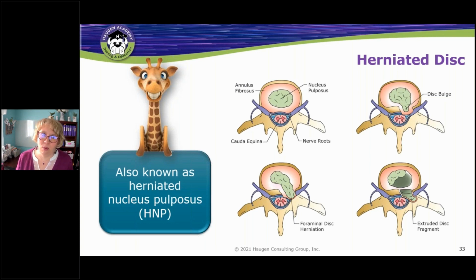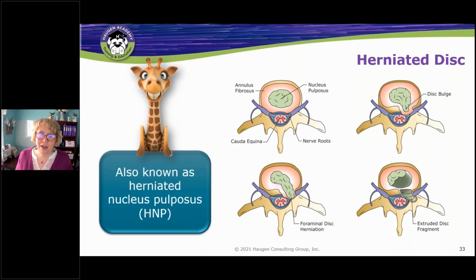So in the anatomy portion, Deanna talked about how we've got that center core of the disc called the nucleus pulposus, and the outer ring called the annulus fibrosus. As the term suggests, annulus fibrosus is a very thick fibrous structure that's going to prevent that nucleus pulposus from squishing out.